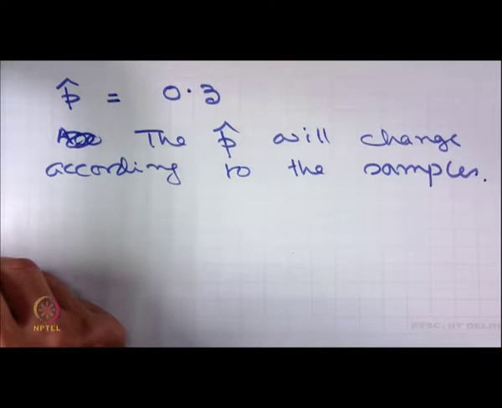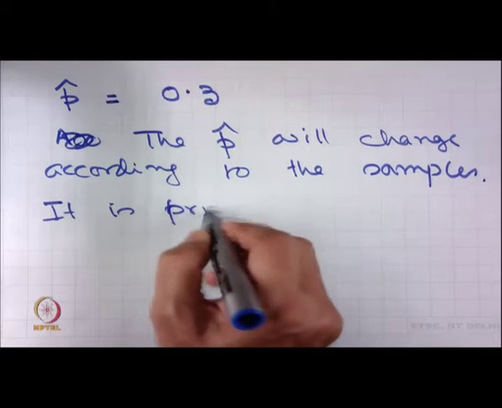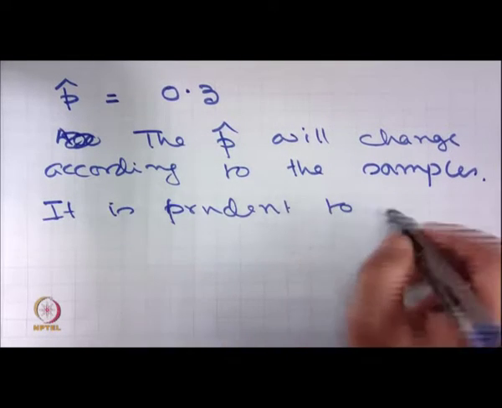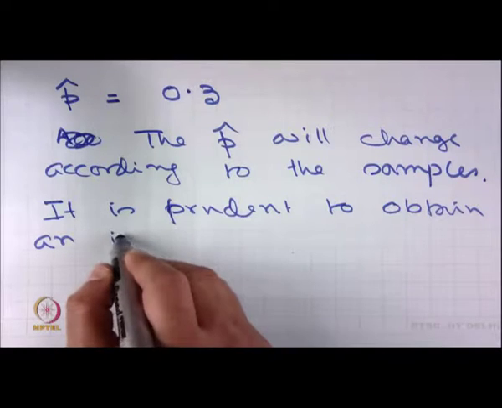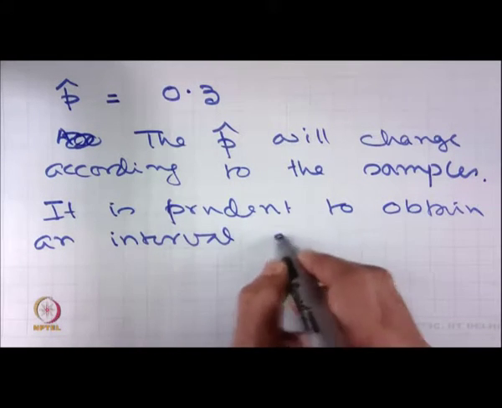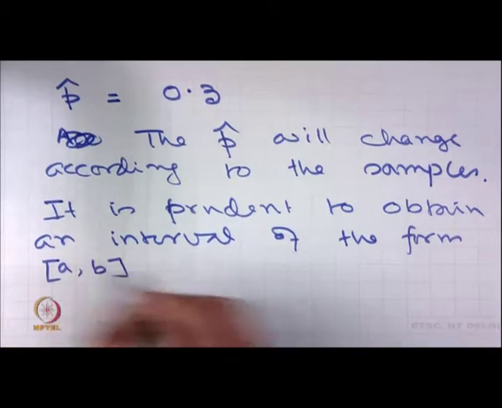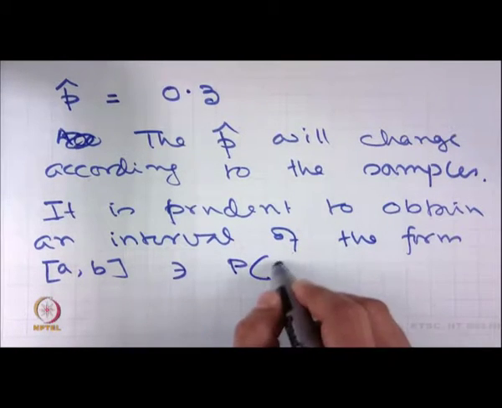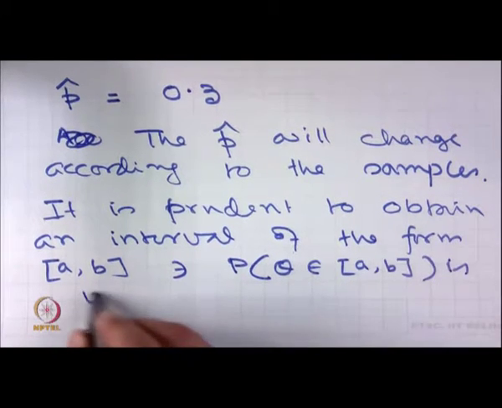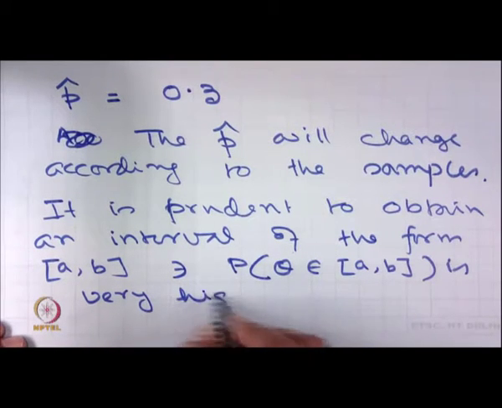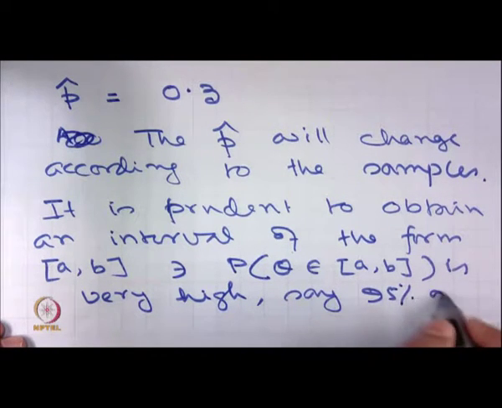Hence, it is prudent to obtain an interval of the form say (a, b) such that probability theta belongs to (a, b) is very high, say 95% or 99%.